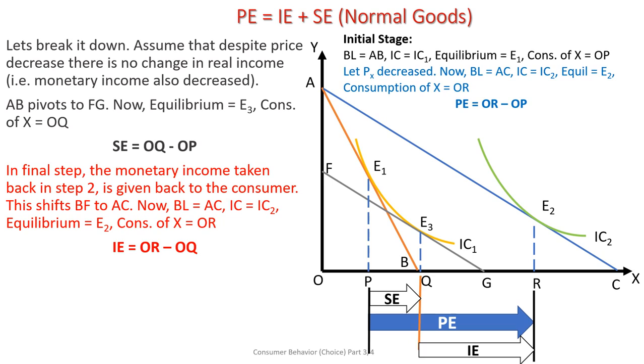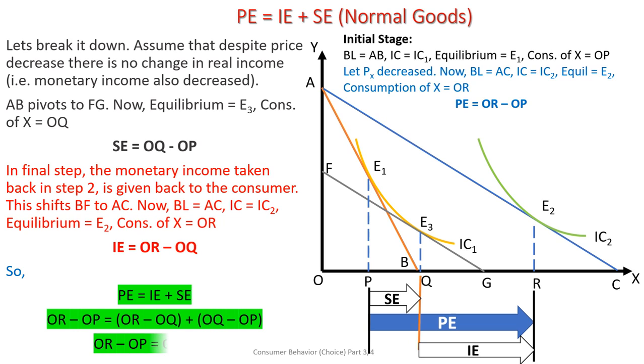Therefore, the income effect is OR minus OQ, final value minus initial value. So, putting it in an equation, price effect equals income effect plus substitution effect, and simplifying it, we have OR minus OP equals OR minus OP. The same is shown by the arrows in the diagram.